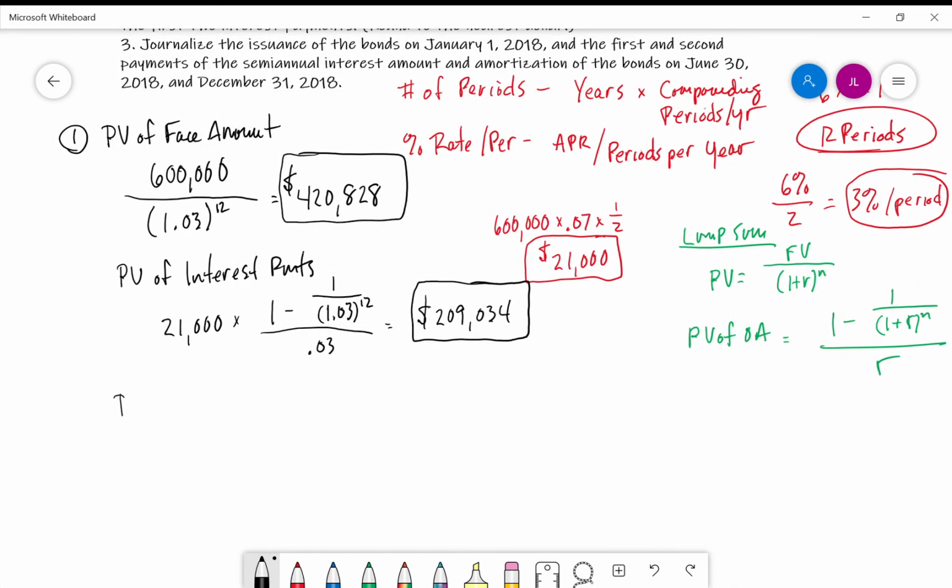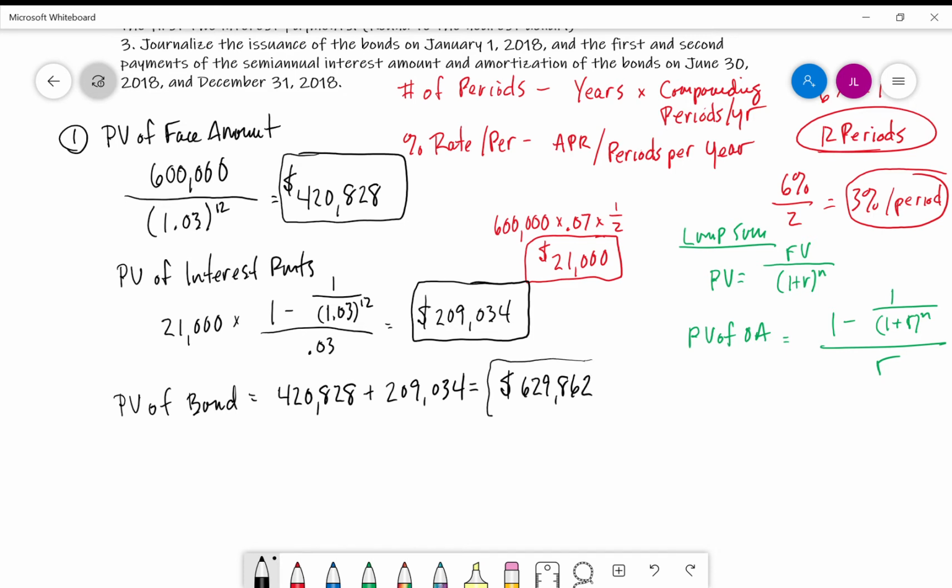So the present value of the bond, which is also equal to the cash the company will receive for issuing the bond, is equal to the $420,828 plus the $209,034, which equals, let's see, $629,862.